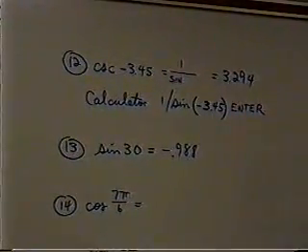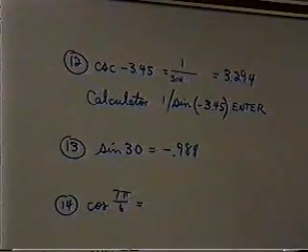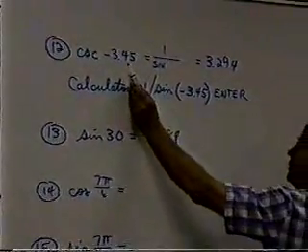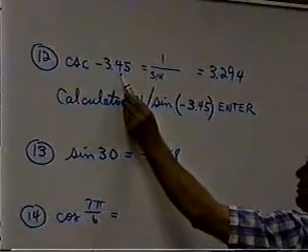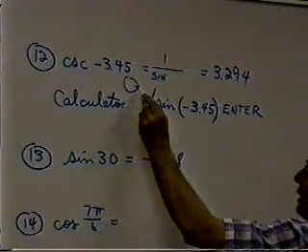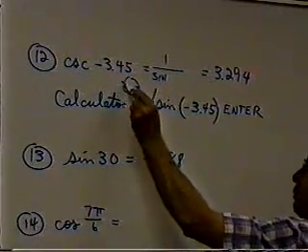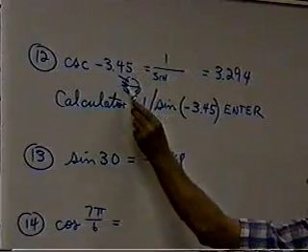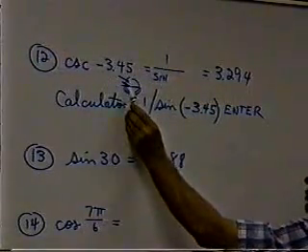Example 12, the cosecant of minus 3.45. Okay, well now, let's use some thinking here. A minus 3.45 radians is, again, back this way, a little more than 180 degrees, so that's in quadrant 2. So the sine, or the cosecant, in quadrant 2 is positive.